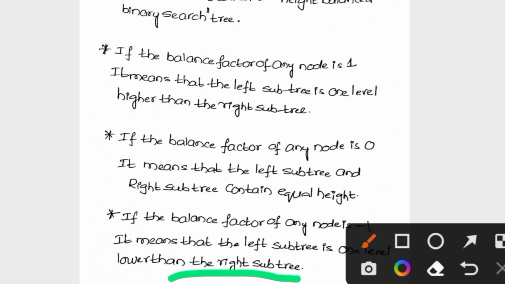The balance factor is equal to the height of the left subtree minus the height of the right subtree. If it is 1, the left subtree is one level higher than the right subtree. If it is 0, both subtrees have the same level. If it is -1, the left subtree is lower than the right subtree.